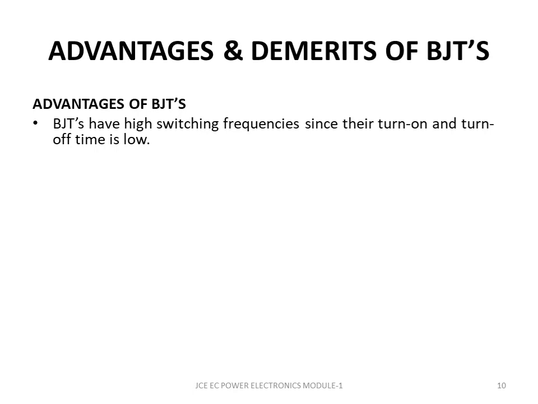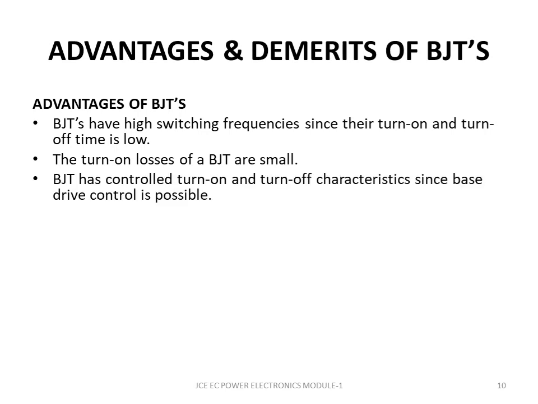Compared to other devices, they are low. The turn on losses of a BJT are also small because normally we use them for low power only. The BJT has controlled turn on and turn off characteristics since base drive control is possible. Since both turn on and turn off is there, I can control the drive.